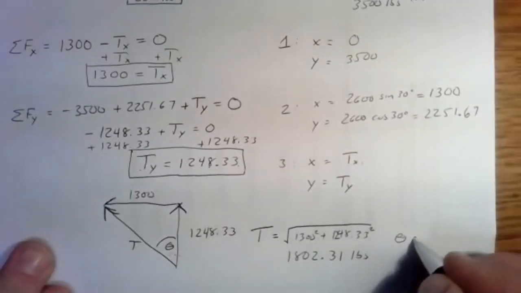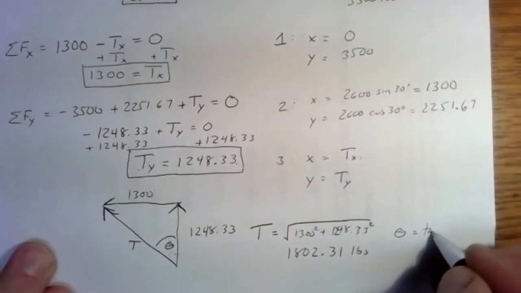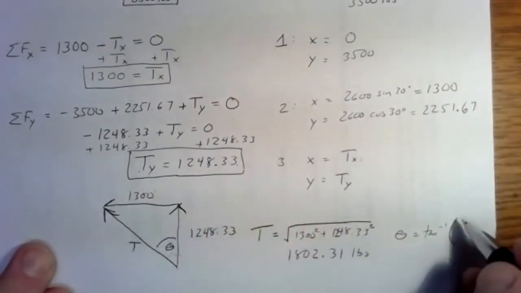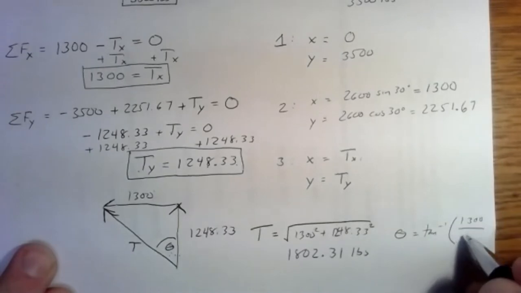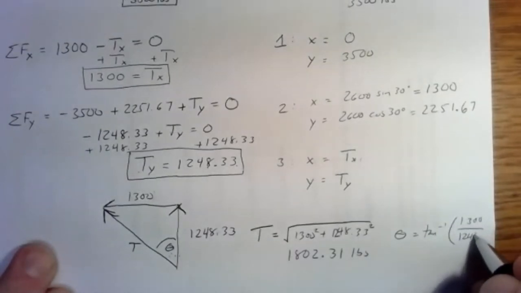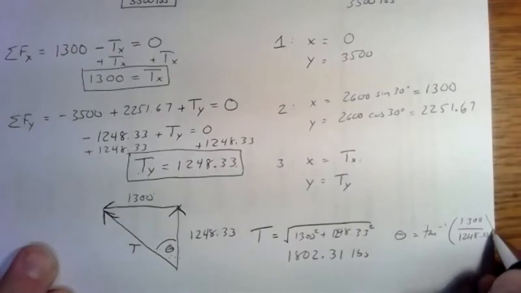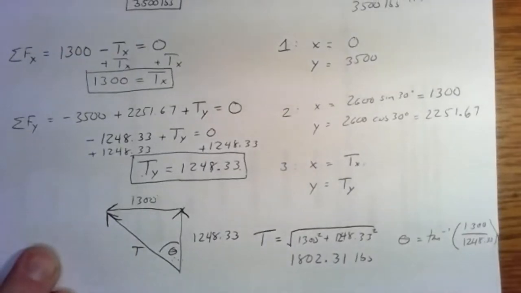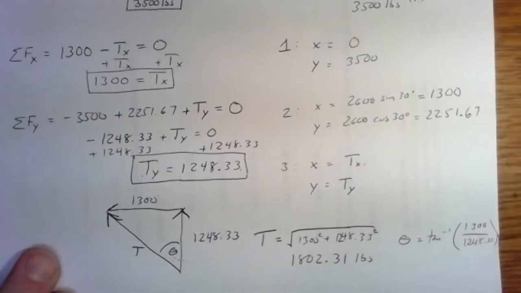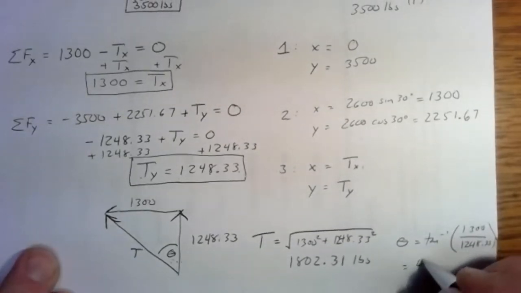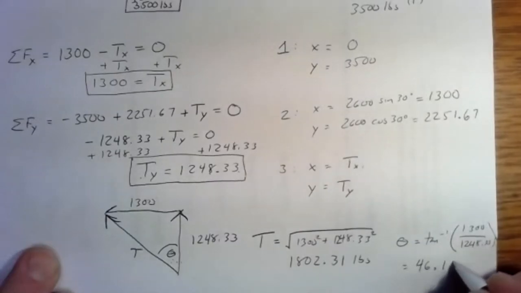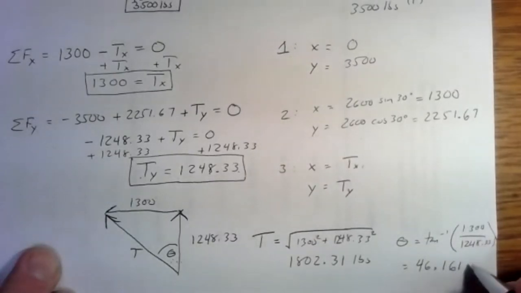So our angle is going to be inverse tangent of opposite 1300 over adjacent 1248.33. And there I get 46.1616 degrees.